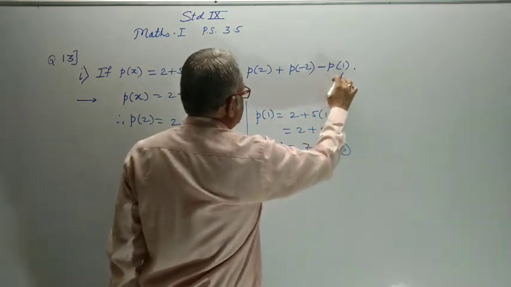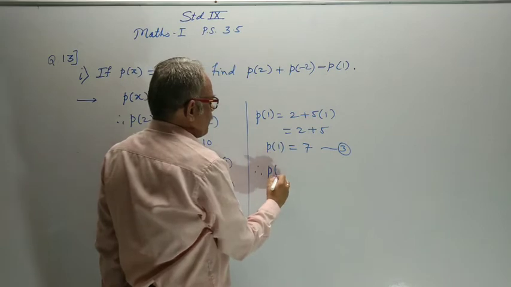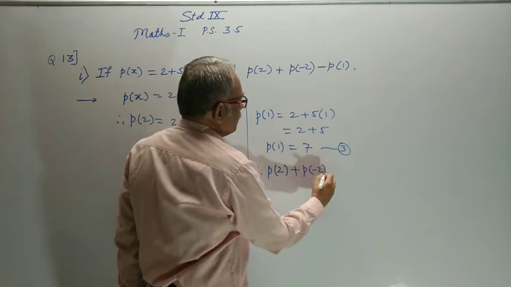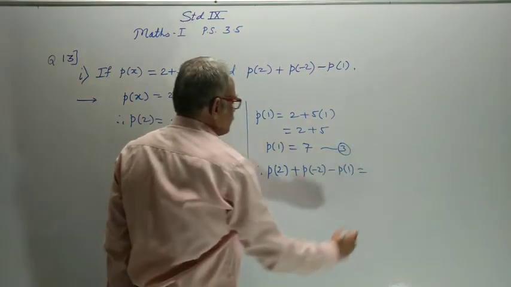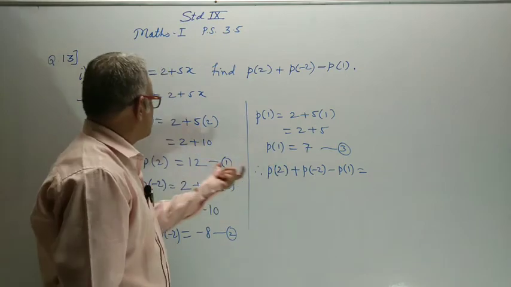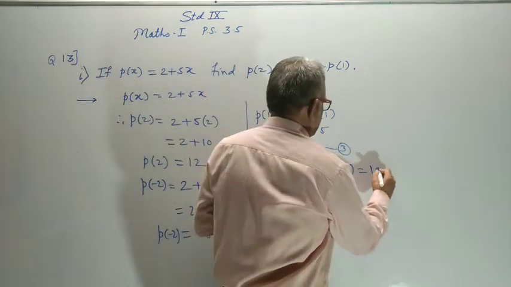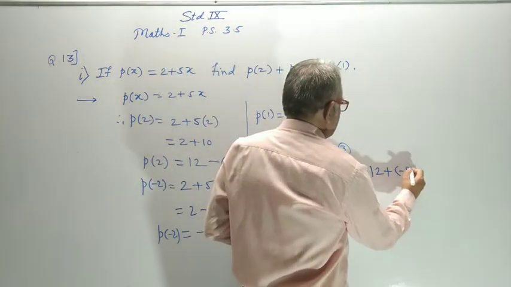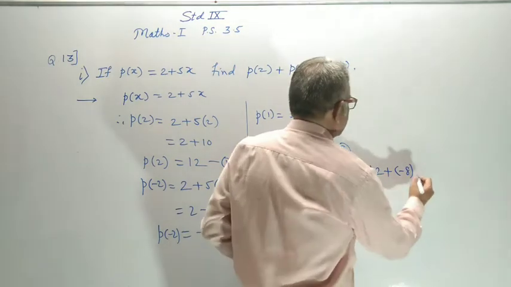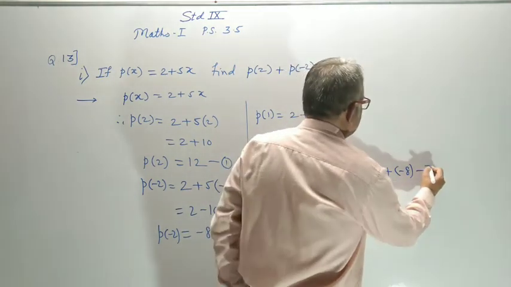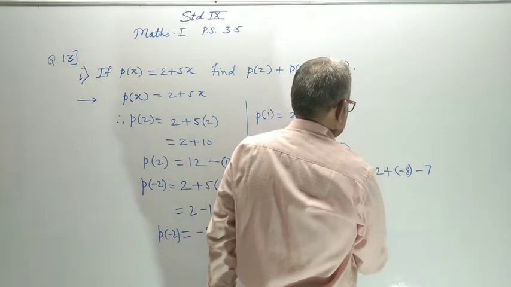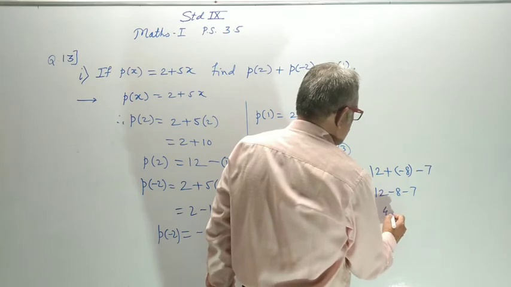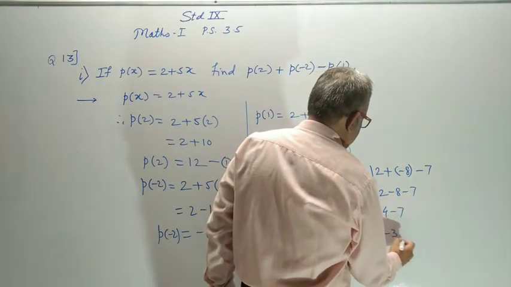And then find this: P of 2 plus P of minus 2 minus P of 1 is equal to, what is the P of 2 value? 12, plus, what is the P of minus 2 value? Minus 8, minus the P of 1 value, 7. So 12 plus minus 8 means 12 minus 8, is 4, minus 7, that is minus 3.